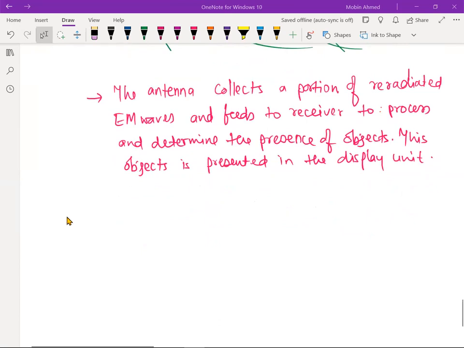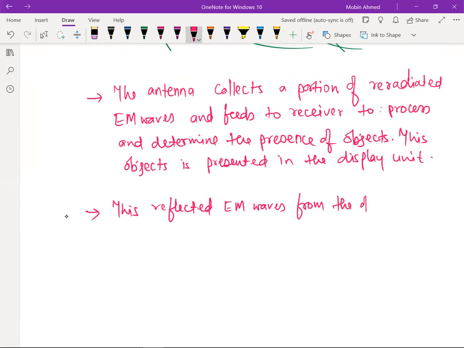Okay. Then next is this reflected EM waves from the object is called echo signal.